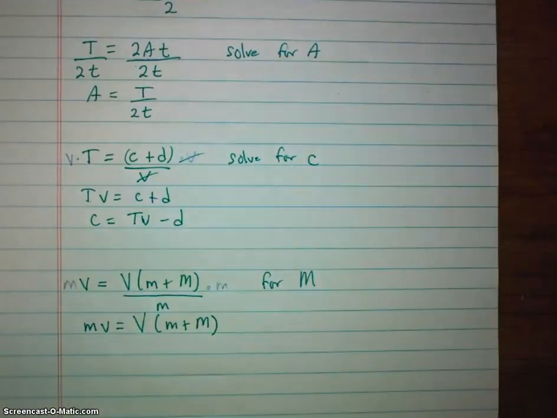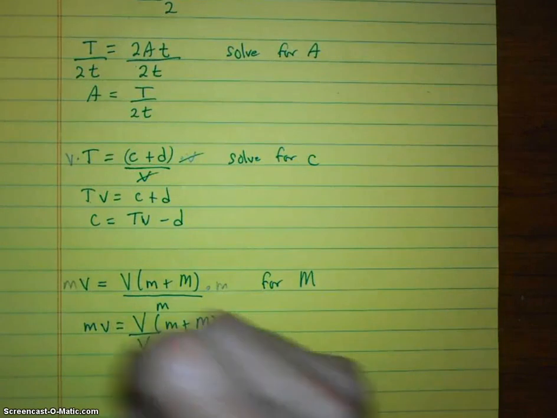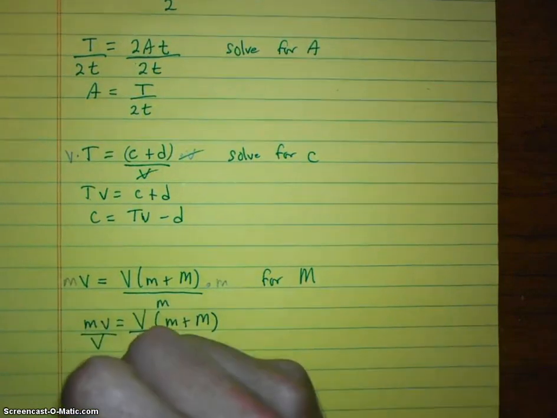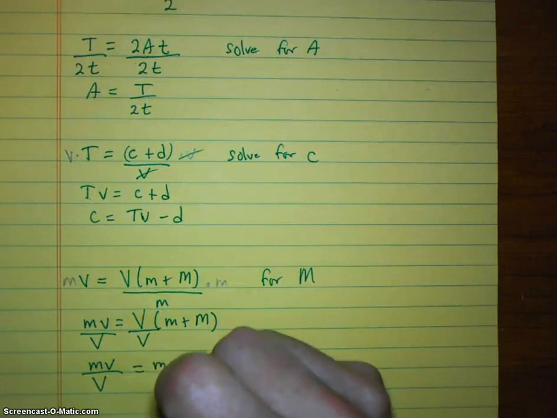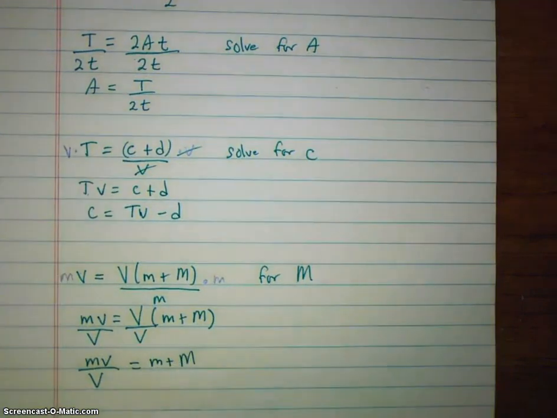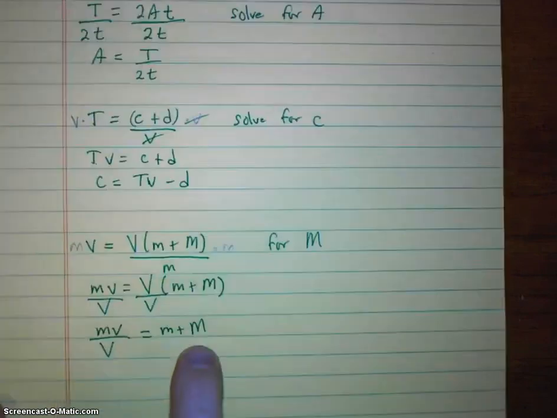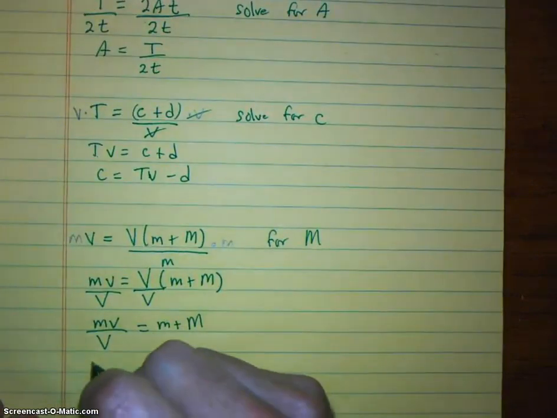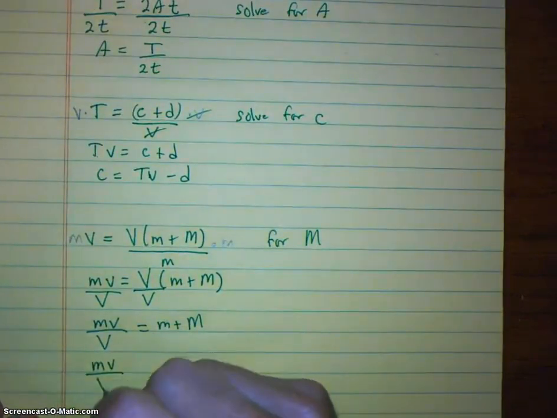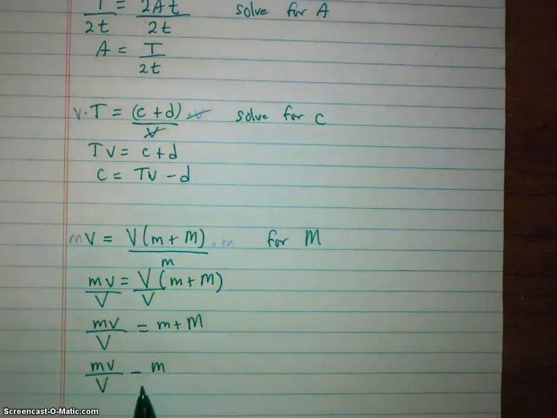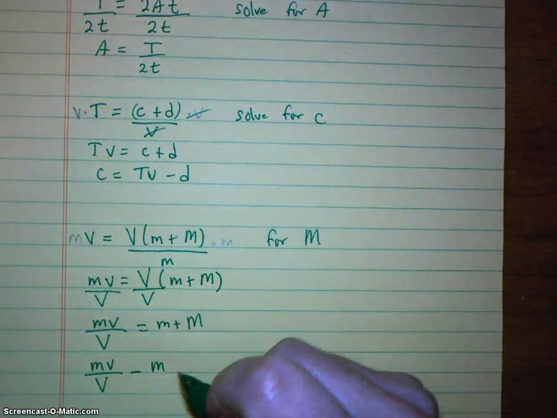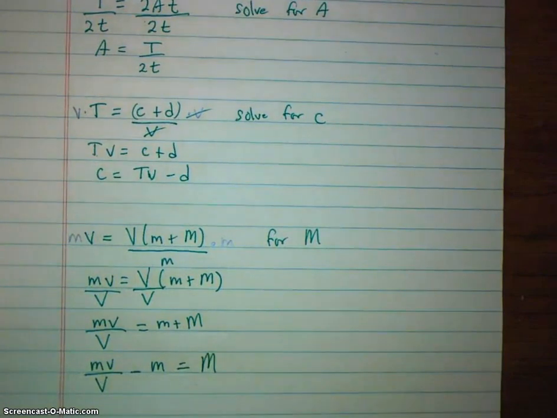Personally, I like to divide, so I'm going to divide by big V. So m little v divided by big V is little m plus big M. And finally, to get the big M all by itself, we subtract the little m. So little m little v over big V minus little m, and notice again that that's completely separate from that fraction. Can't combine them together because they don't have a common denominator, equals big M.